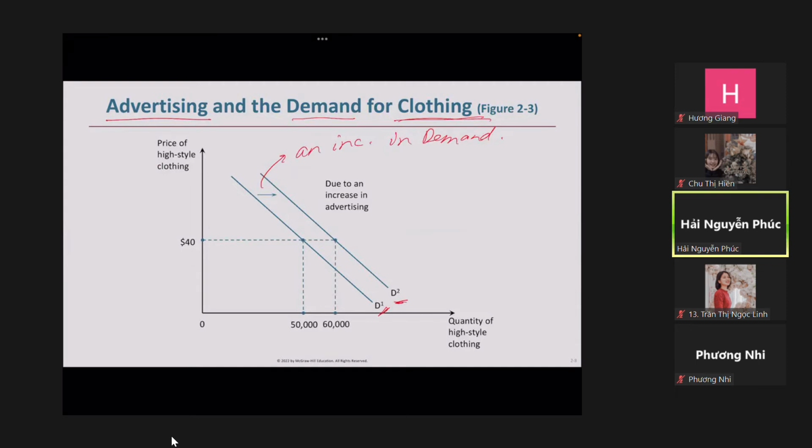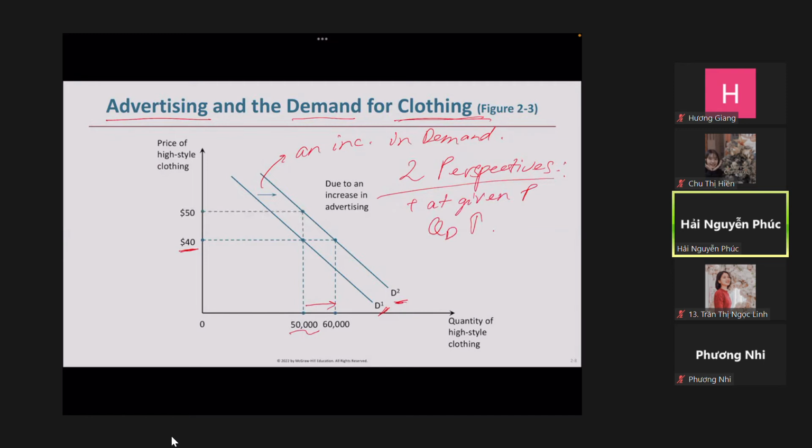We can analyze this situation from two perspectives. The first one, you can see that at the given price of 40, due to the impact of advertising, the quantity demanded increased from 50,000 to 60,000. At a given price, the quantity demanded increased.